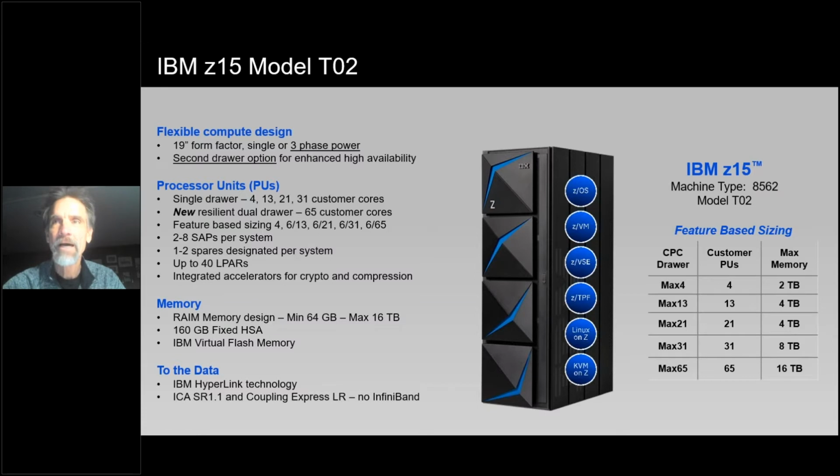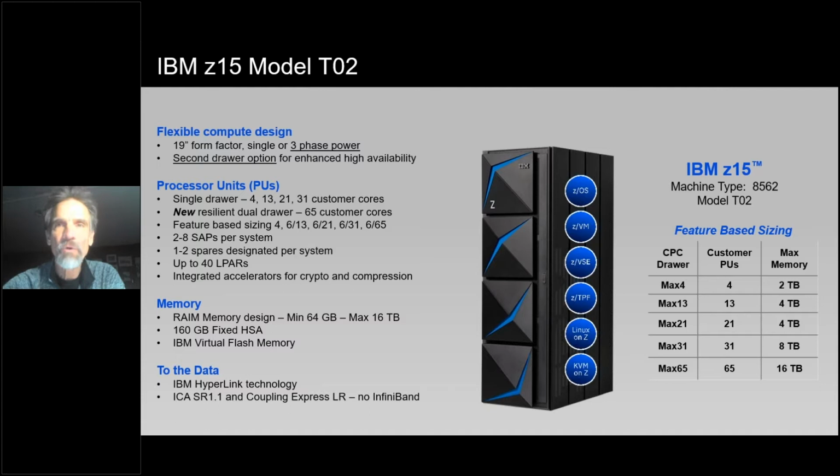Okay. From a processor unit standpoint, I mentioned this has feature-based sizing and configuring. There are 5 options that you have on this, and if you look over to the right, you can see them listed in the table. They're Max 4 through Max 65.